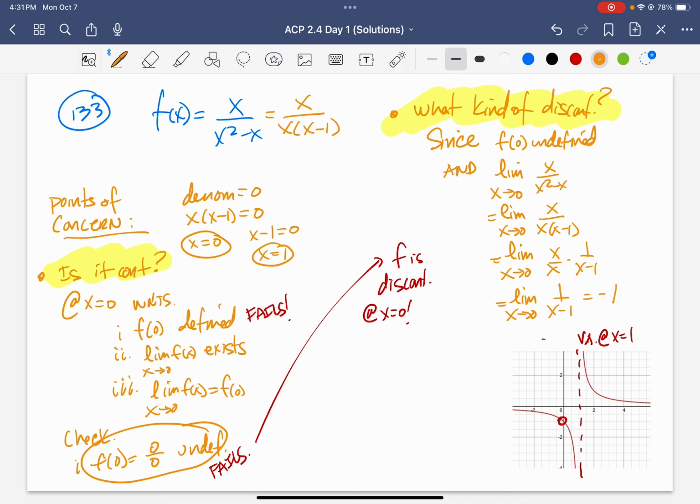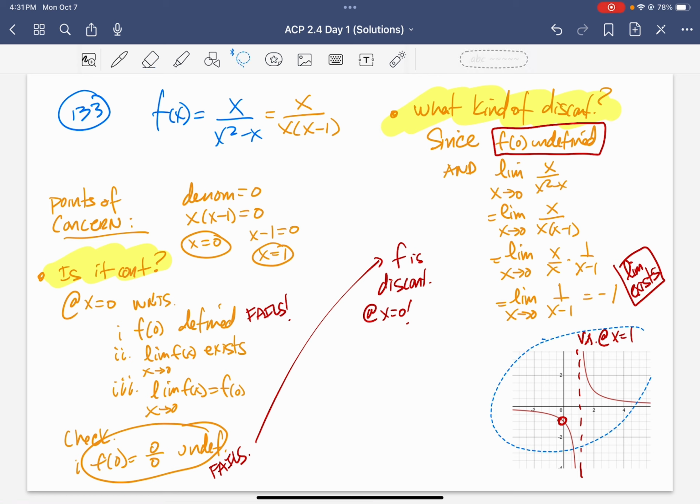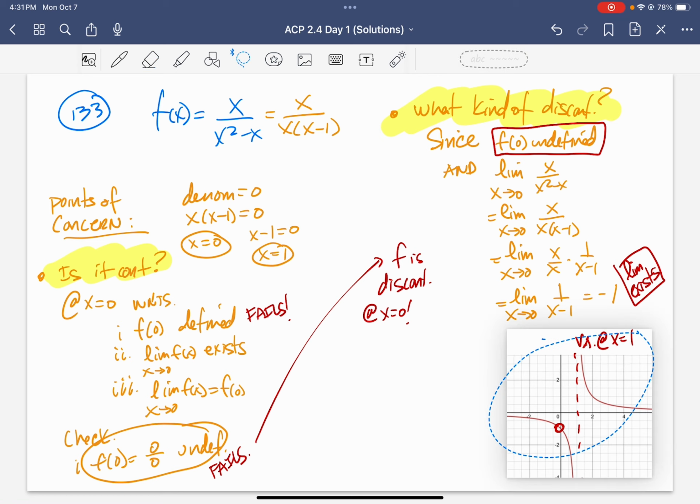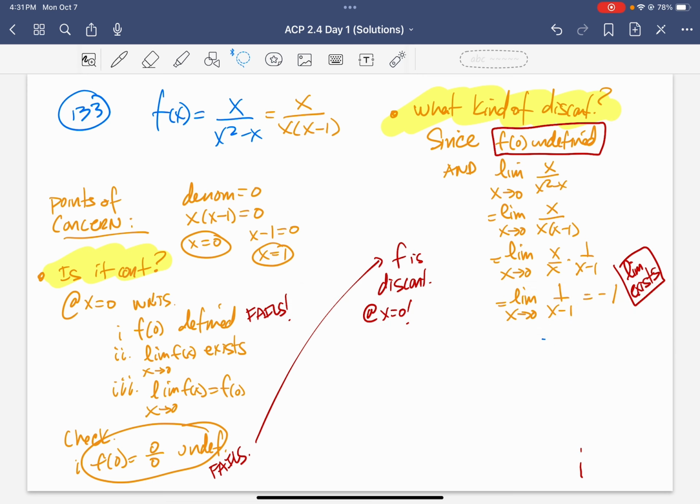Since f of 0 is undefined and the limit exists, that's trying to tell you, let me take all this and cut. That's trying to tell you that there's a hole.